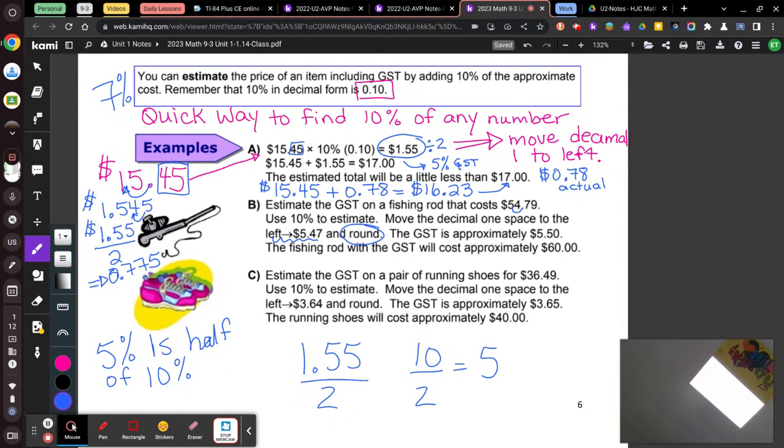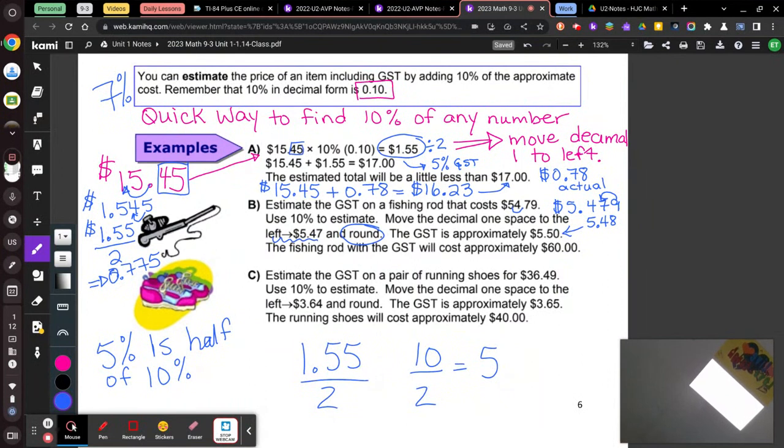If it's money, we want 2 digits after the decimal because that's our dollars and pennies. So now this is going to be $5.479. That 9 is rounding that up to 0.48. They approximated, they took 5.48 and rounded it to $5.50.